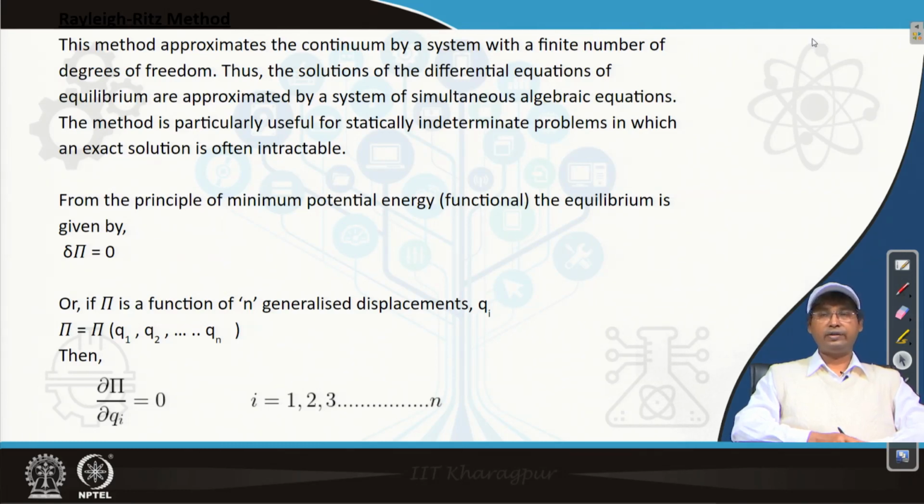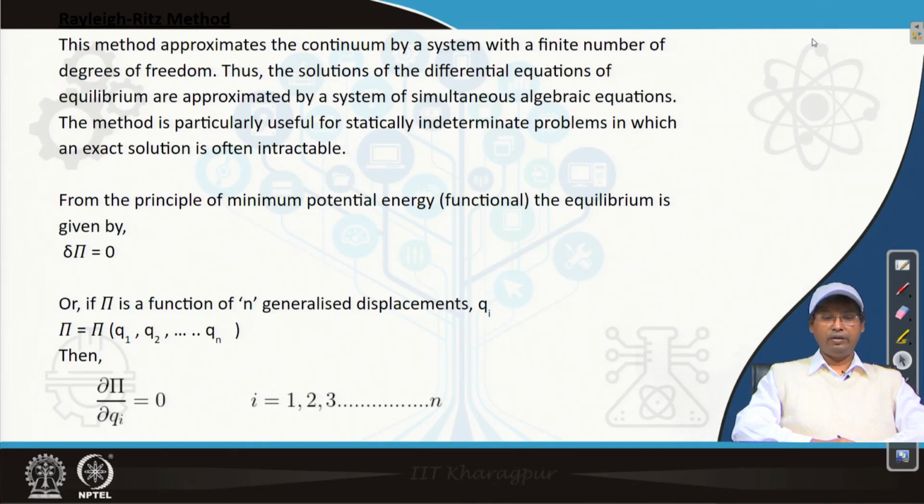These and some other methods like the variational principle, along with this method, lay down probably the first step for the numerical analysis procedure in terms of structural analysis or solid mechanics problems, or for fluid mechanics problems, or for any other numerical analysis depending on magnetism or other physics problems.